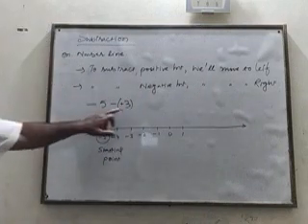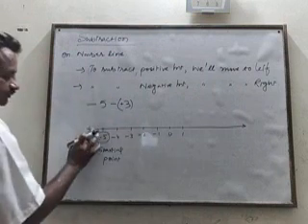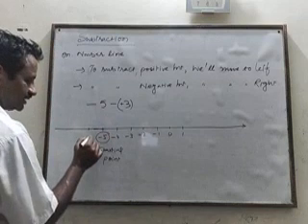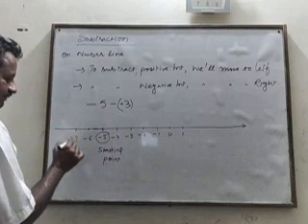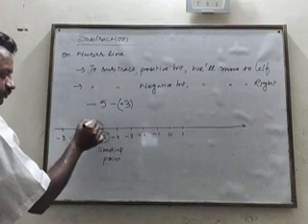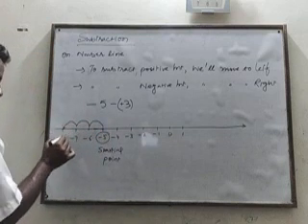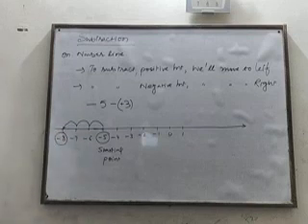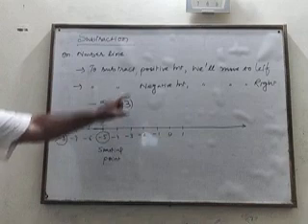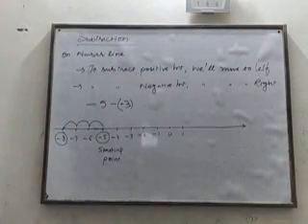To subtract a positive integer, we will move to the left. So on the left side, we will go -6, -7, -8. So 1, 2, 3. To subtract a positive integer, we will move to the left side.